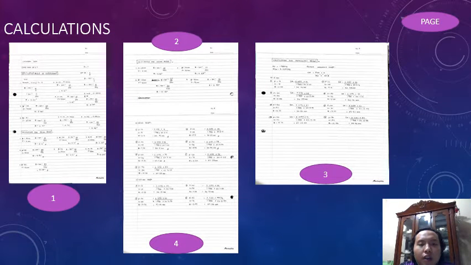This is the calculation that I did by hand. For this calculation I use data set 2. I will show you how I calculate the values in the next video.